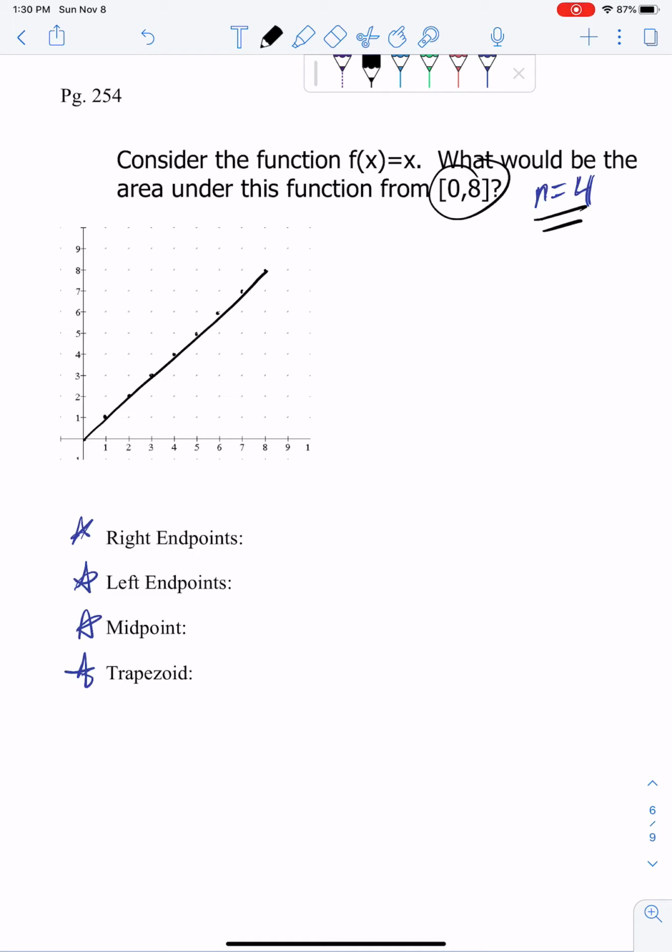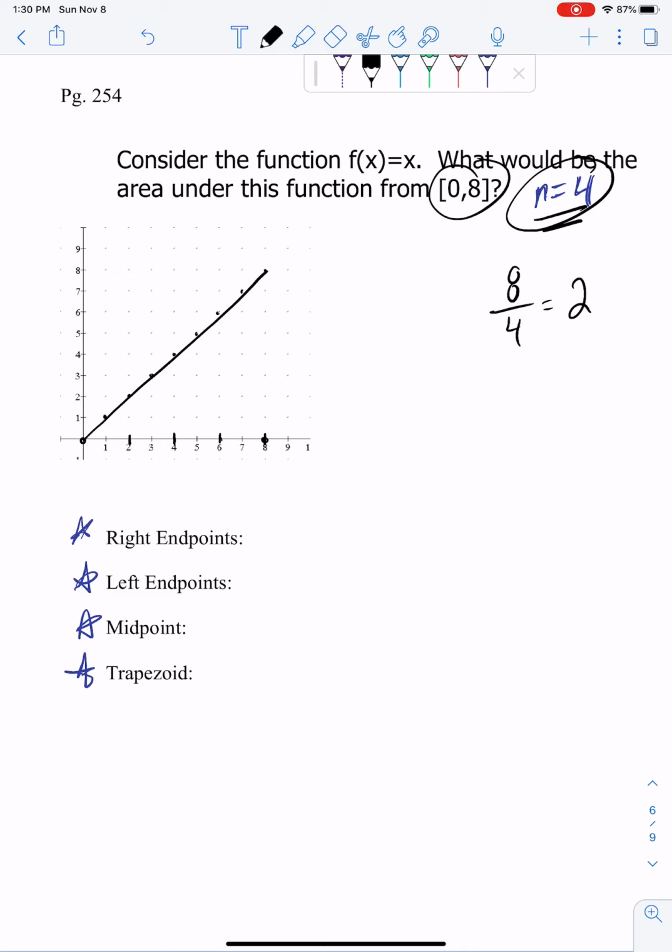But the simple way of looking at this is my interval goes from 0 all the way over to 8. I want 4 different rectangles. Well, if I'm going a distance of 8 and I want to break that up into 4 equal rectangles, that means each rectangle is going to be 2 units wide. So one rectangle is going to end right here at 2. Then I'm going to end at 4. Then at 6. And then my last rectangle is going to end at 8. So they're equal widths. They're all the same.